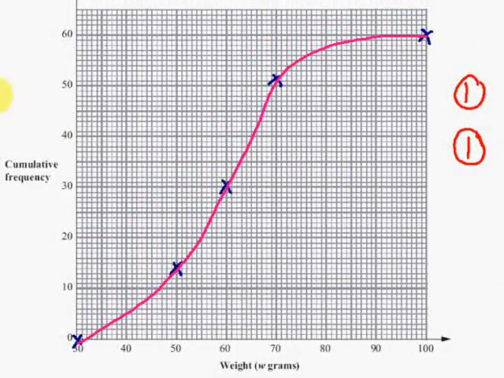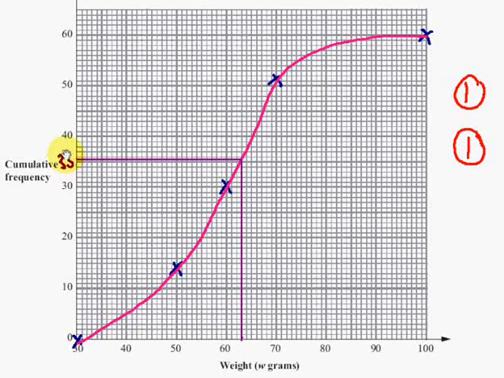You're going to get your ruler, see where 63 is. So 63 grams is here. You're going to draw a vertical line up to your curve and then across. So I make that to be, let's say, 35.